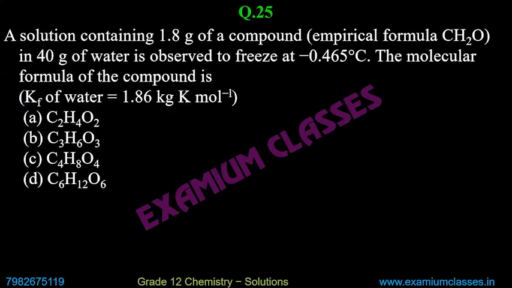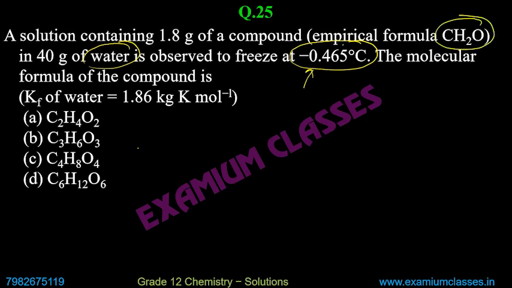Easy question. A solution containing 1.8 gram of a compound, empirical formula given as CH2O, in 40 grams of water is observed to freeze at this much. It is in water. Water's freezing point is 0. After adding 1.8 gram, it lowered. The molecular formula of the compound is, means you need to calculate the molar mass, and the empirical formula mass you already know.